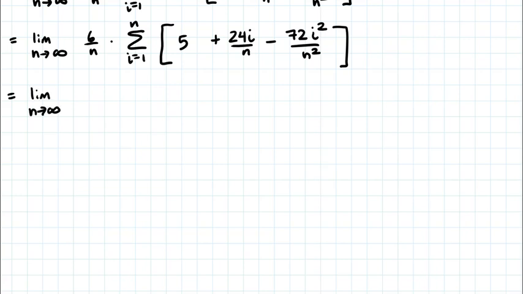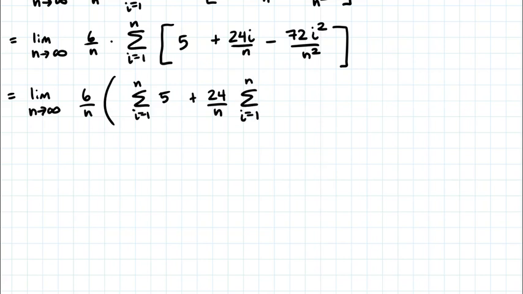So I have the limit as n approaches infinity of 6 over n times, I'm going to write my first summation from i equals 1 to n of 5 plus, another part of the theorem for our summations is that we can factor out the constant. So I'll factor out 24 over n outside of my summation. And then the last summation, again, I'm going to factor out minus 72 over n squared, and then I have my summation being i equals 1 to n of i squared.